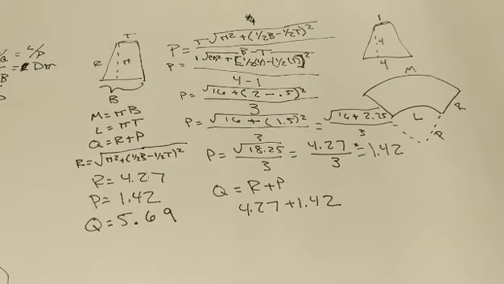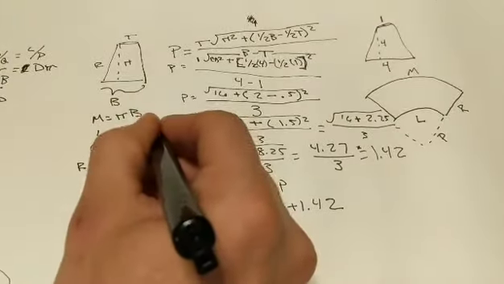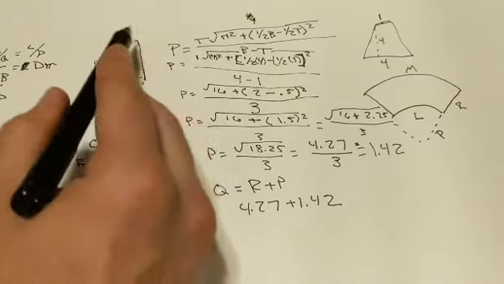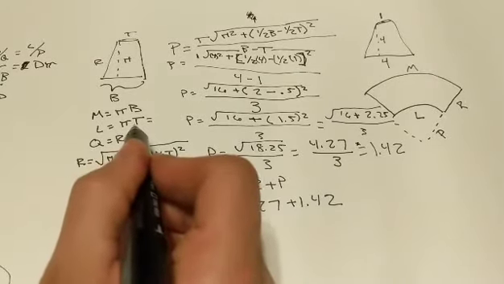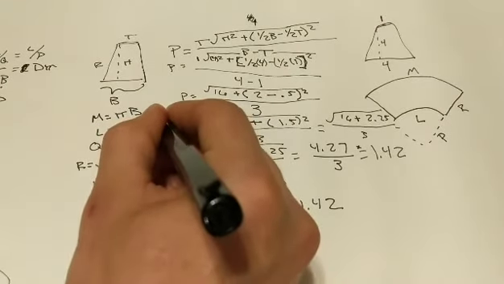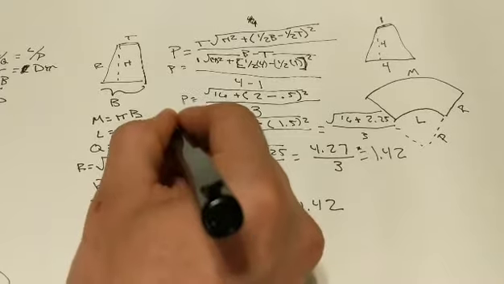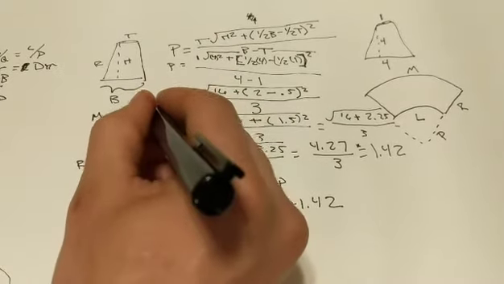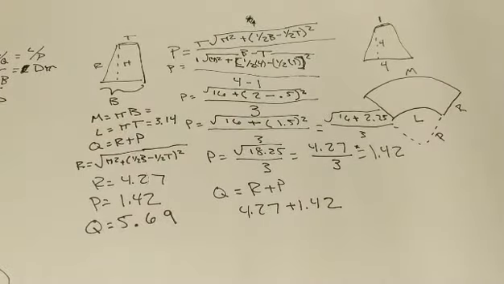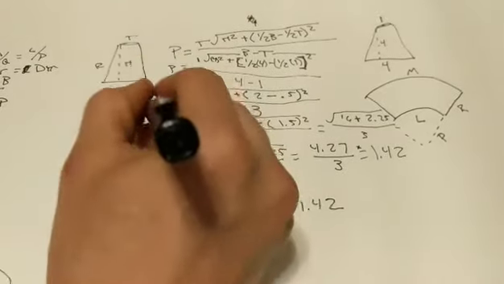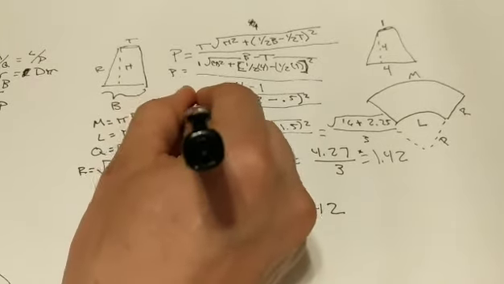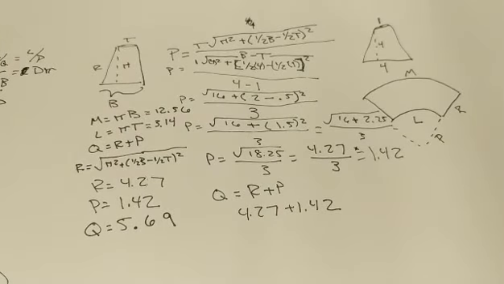All right. And then while we're at it, let's find what L is. So T is 1, right? So pi T, we know that pi is 3.14. So if we do pi times 4, we get 12.56. All right.